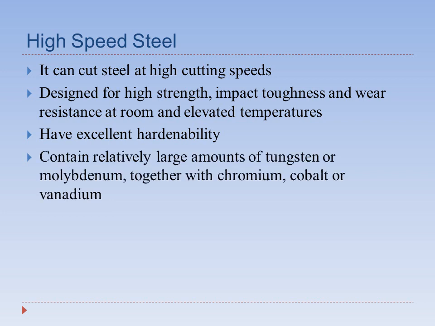It contains a relatively large amount of tungsten and molybdenum together with chromium, cobalt and vanadium. So friends, please notice that high speed steel gets these desirable properties because of the inclusion of these elements.